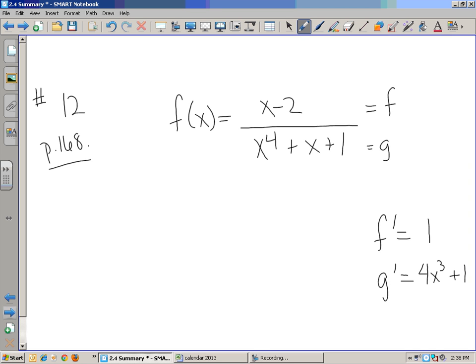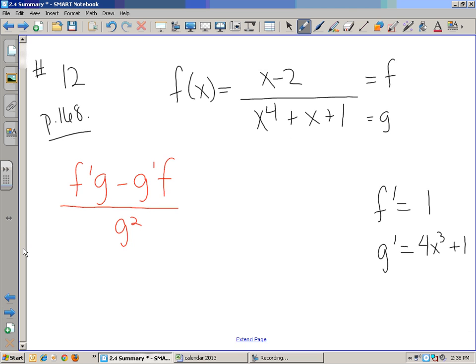So I'm going to go ahead and write it, because we need to write it. Derivative of the top times the bottom minus the derivative of the bottom times the top all over the bottom squared. Now, because I've labeled everything f and g and f prime and g prime, I should be able to just substitute in.